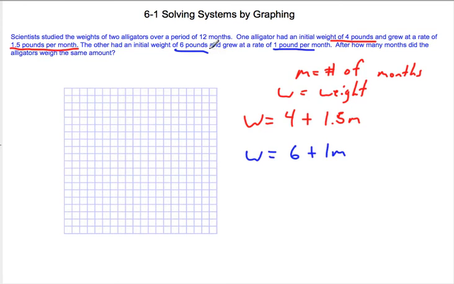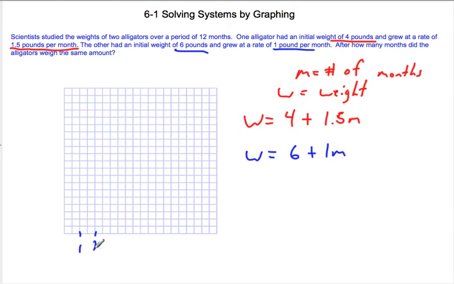Now if I want to graph these, I can use months on the bottom here or on the side, but usually the independent variable will be graphed on the x-axis, so we're going to do that. And let's make it worth 1 month each line.